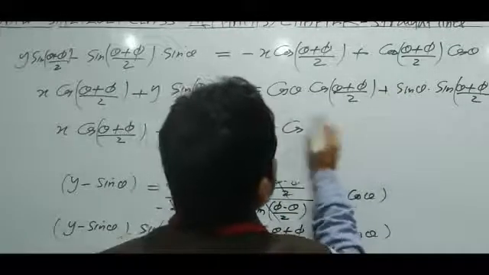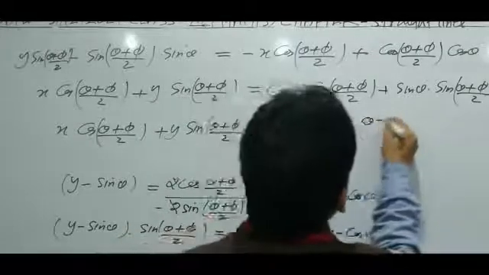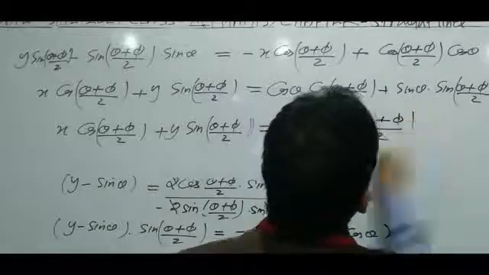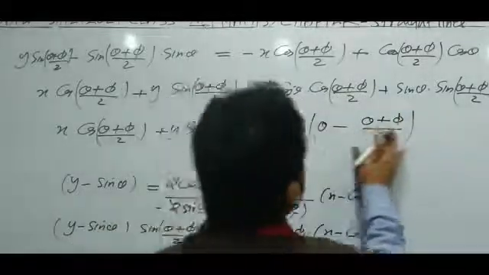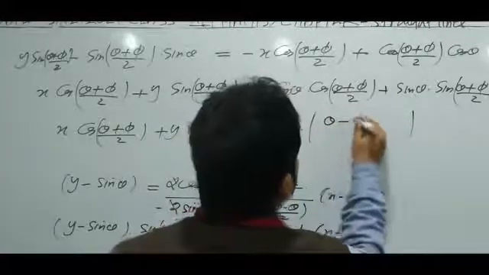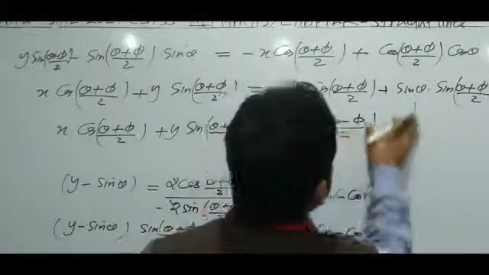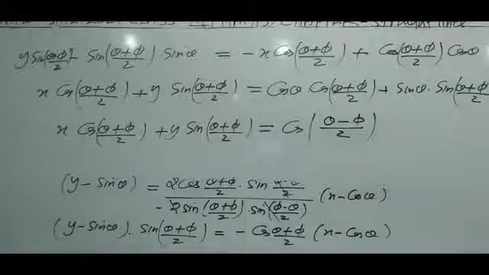So this result will be cos of (theta plus theta plus phi by 2), which means cos of theta minus phi by 2. Now you can see cos of theta minus phi by 2.